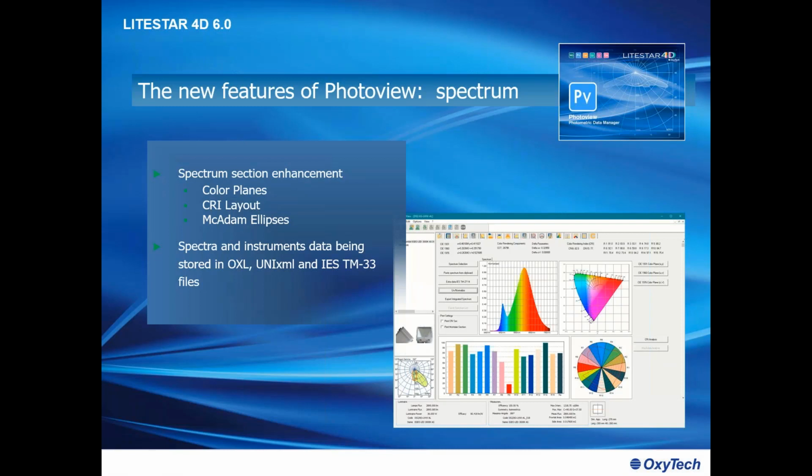For example, usually at the different laboratories, you have a file for the photometry, a file for the instruments, a file for the spectrum.